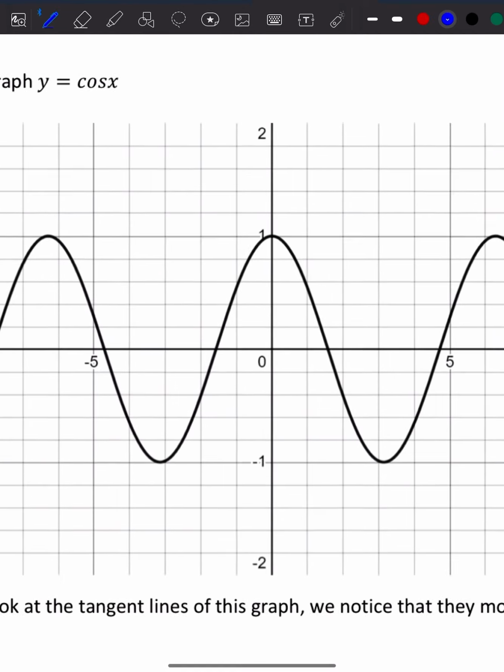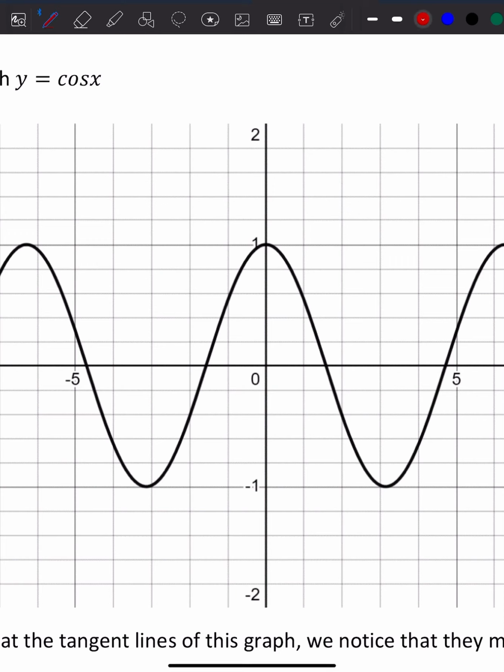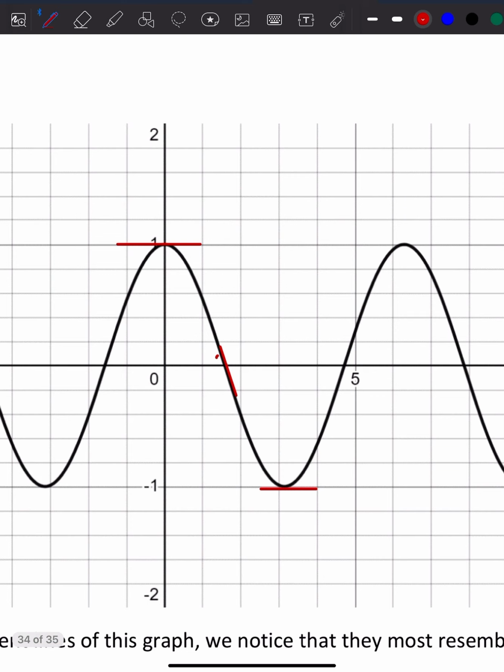Similarly, when we look at cosine, we have a slope of 0, a slope of negative 1, another slope of 0, positive 1, and 0.